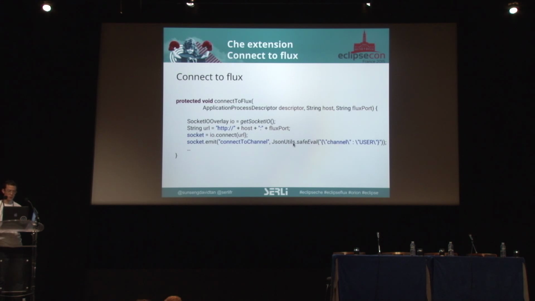All the messages will be sent this way with the type of the message. So this is a message connect to channels, and a JSON with the content. Of course the content schema or structure depends on the type of message you send.